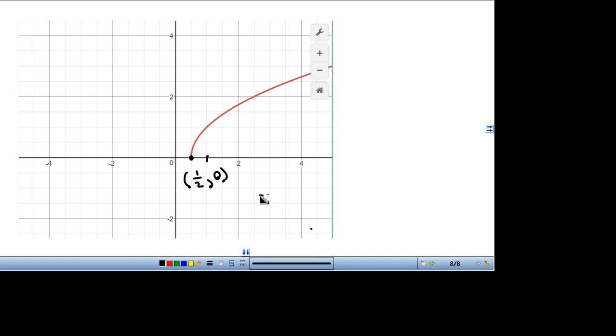By the way, this is 1 right here. This isn't 1. This is 2. Okay? So it's 1/2, 0. That's the coordinates. And where does it touch the y-axis? I'll tell you where it touches it. It doesn't. That's why it's imaginary. It doesn't exist. No real y-intercept.